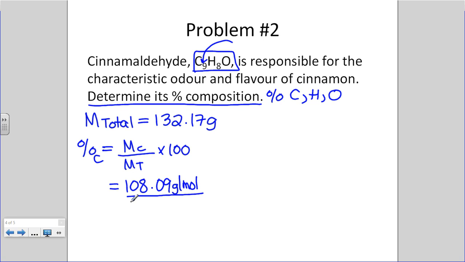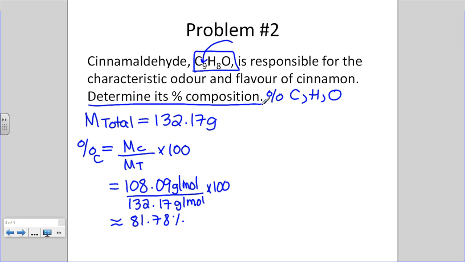We divide that by our total and multiply by 100. Here, we don't have any values for significant digits, so keep 2 decimal places, and that's usually a little bit more accurate. And we've got 81.78% here. So this is the percent of carbon.